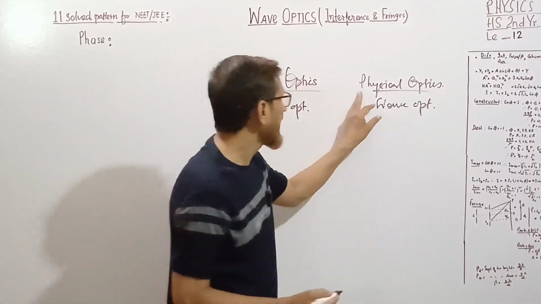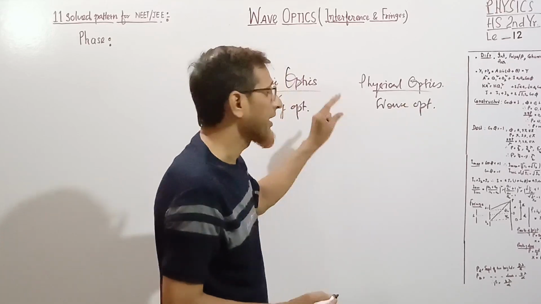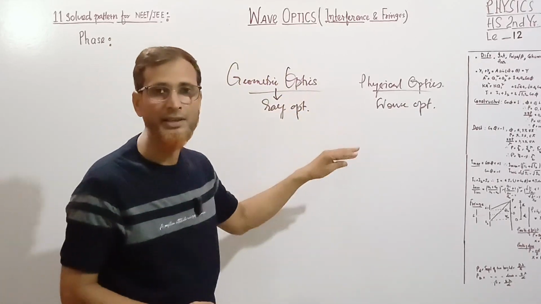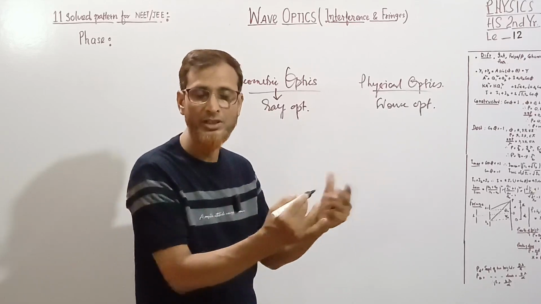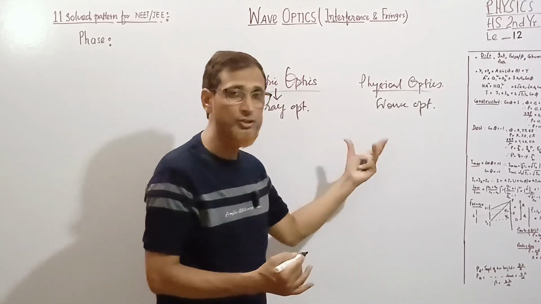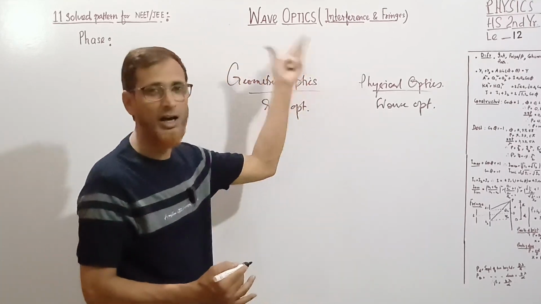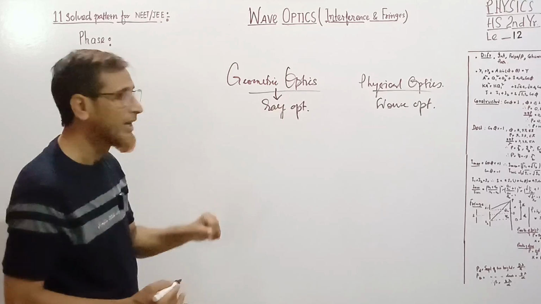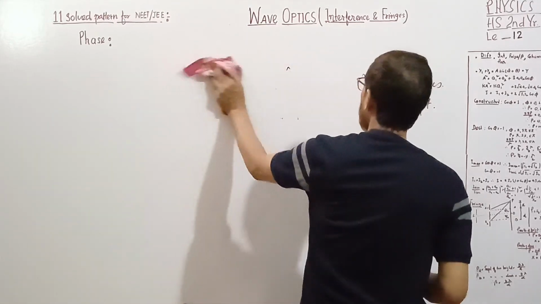But in physical optics, that is wave optics, we see that light does not only move in a straight line, it diffracts, it has interference, it has polarization, it has a lot of things. So the phenomena of diffraction and interference are always used in solving the questions which cannot be solved by ray optics. That's why wave optics is an essential part to be learned.